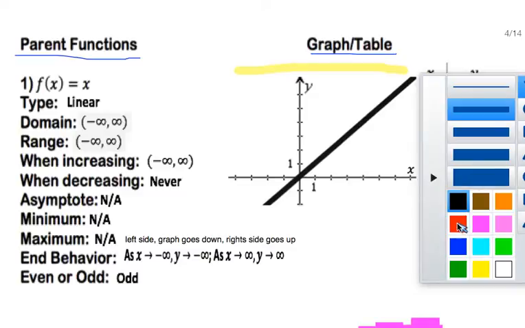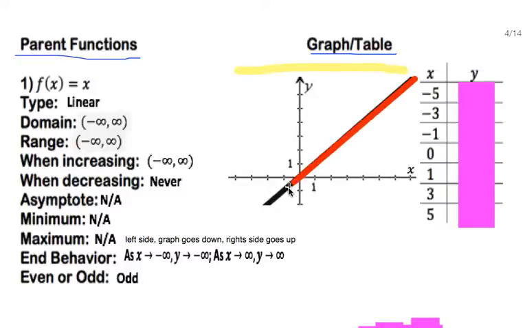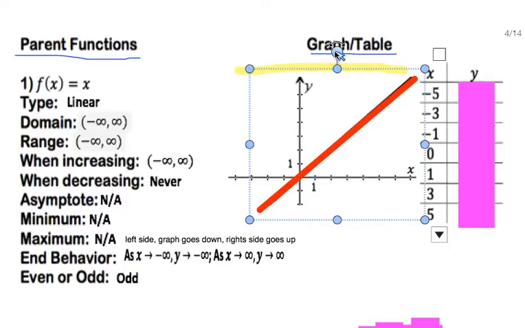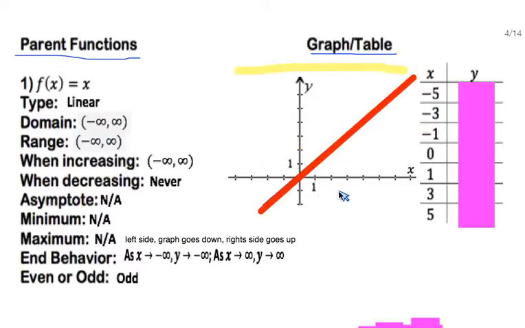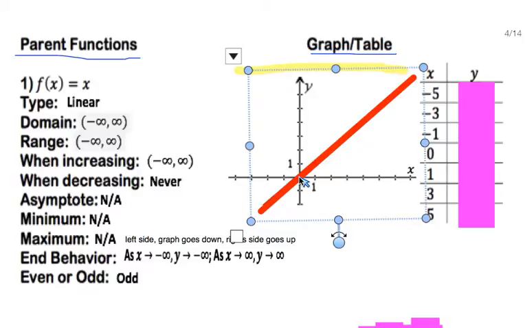So let's say we have a line, and I'm going to make it a red line. Okay, so I have this line. It goes from here to here, right? With odd symmetry, I can take that line and I can rotate it 180 degrees around the origin, and you get the exact same picture.